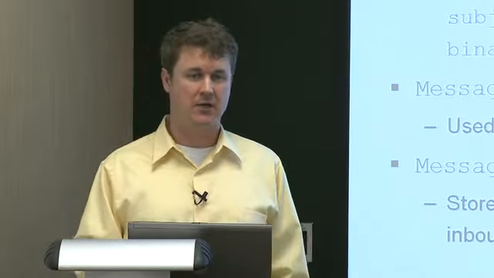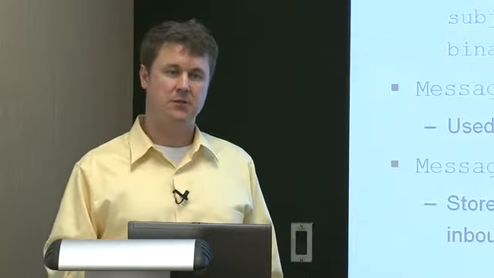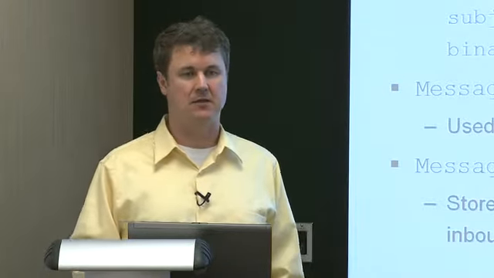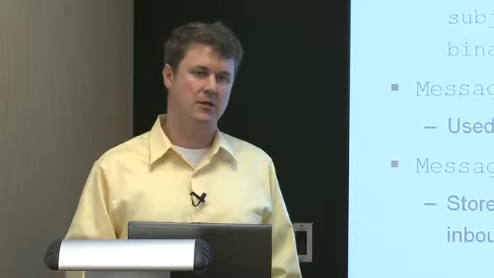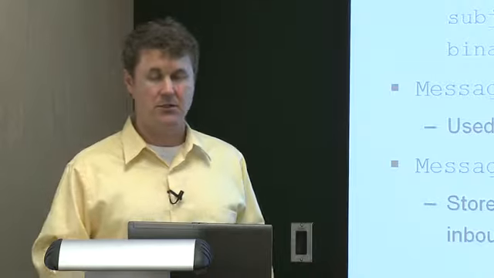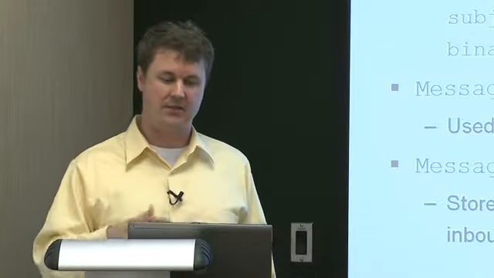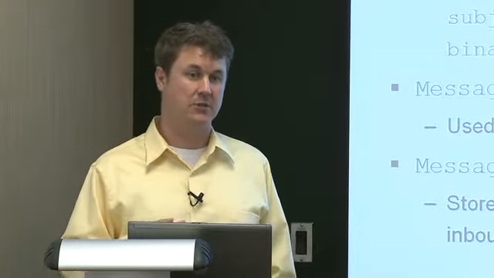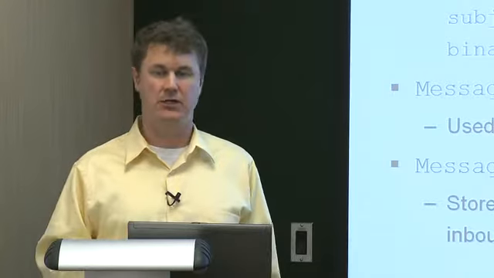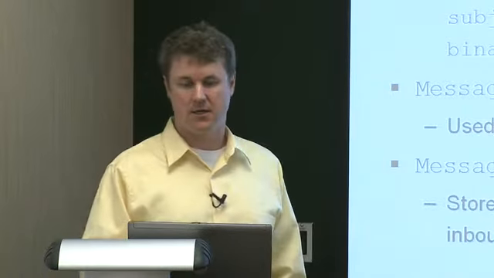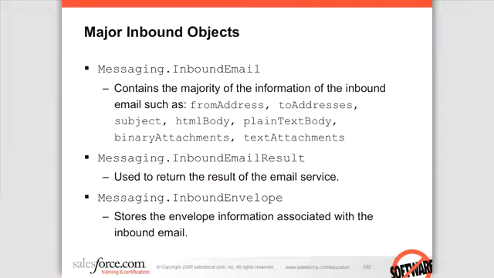What is the subject of the email? What is the body of the email? If there are any attachments associated with this email, you can access a list of those attachments, whether they be binary or text attachments. So we will be passed this inbound email object, and that's the mechanism by which we programmatically access the email that was sent to us.